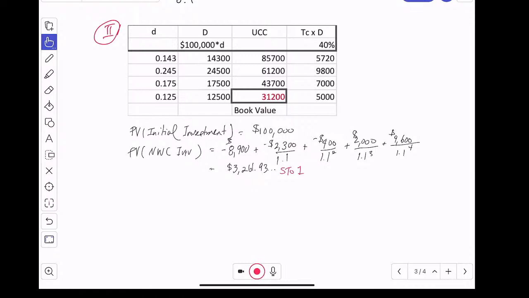Now the tax shield. Oh, I'll call it after-tax salvage, because we're going to take care of the tax issue.